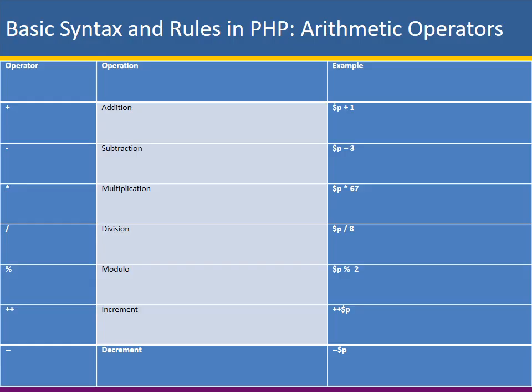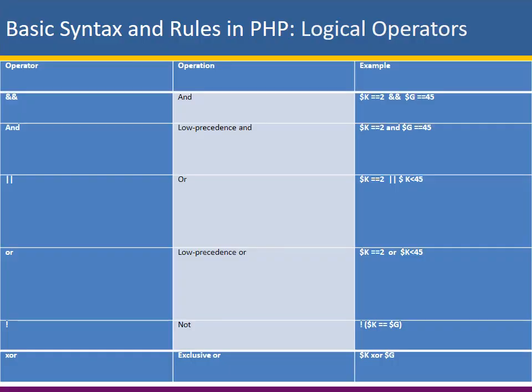And we have the examples of how they use each of the operators. We also have the logical operators in the table here. We have the and operator with the example of how we use it, and we have the low precedence and.